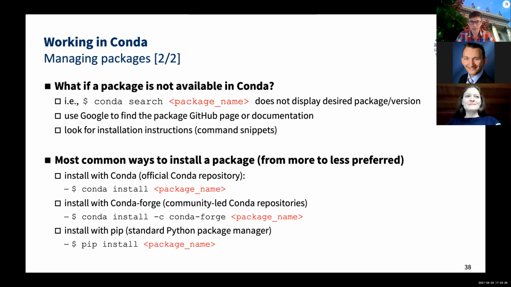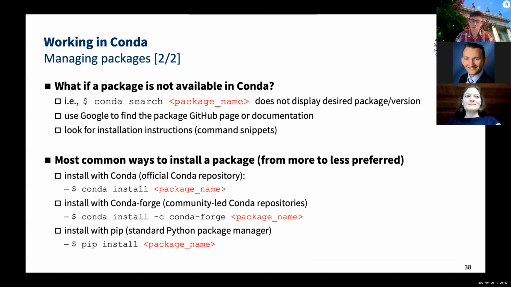The thing is that some of the packages might not be available in Conda repositories. In other words, if you type conda search package name and you don't see anything. Most of the packages are of course included, but sometimes packages are not there. What to do then?